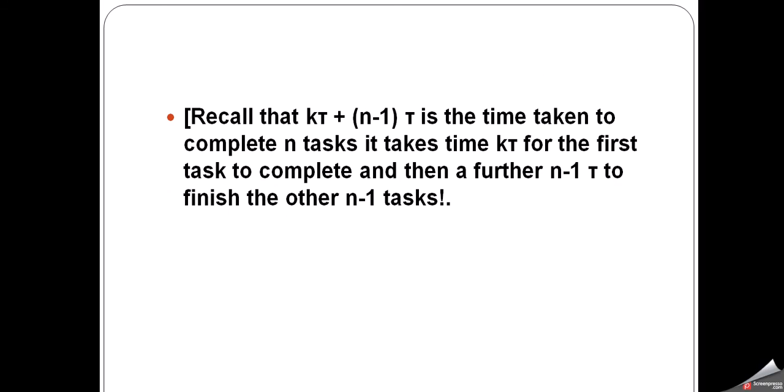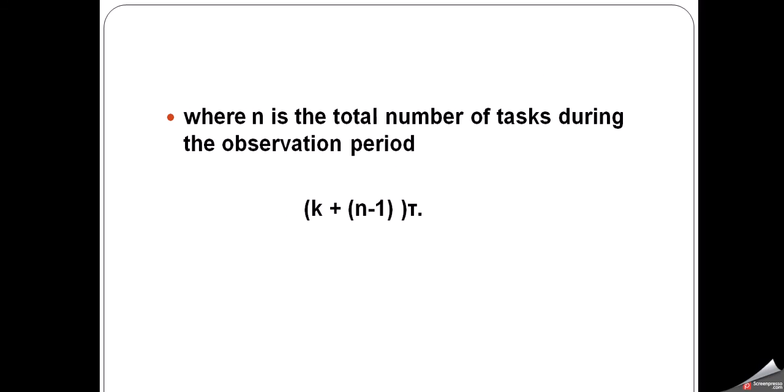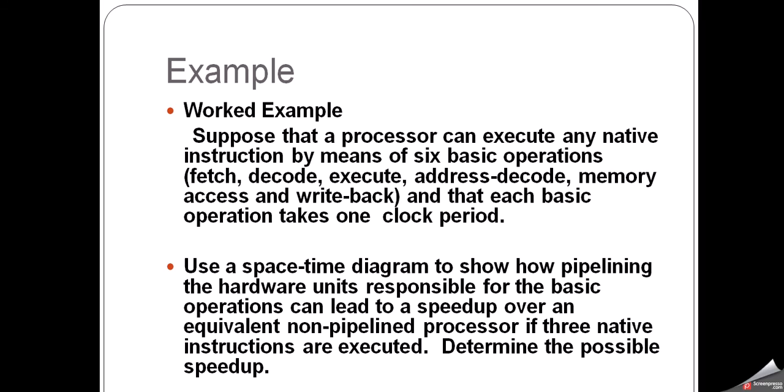Right, so a little note on that. So here's a sort of practical example, a nearly completely worked example. Suppose that a processor can execute any instruction by means of 6 basic operations.